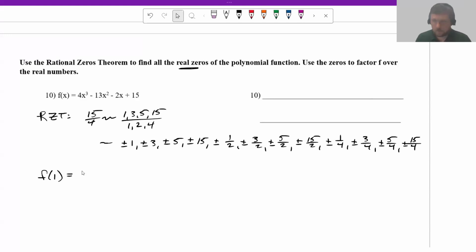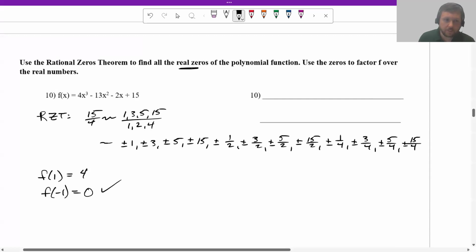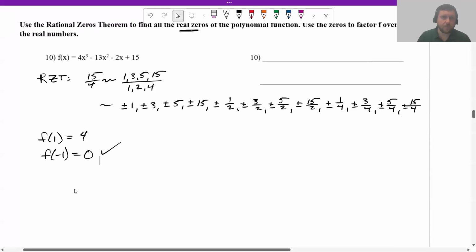So f of 1 is 4. f of -1 is 0. Oh, hey, I hit it. So now, as far as the real zeros go, I can go ahead and start my list.